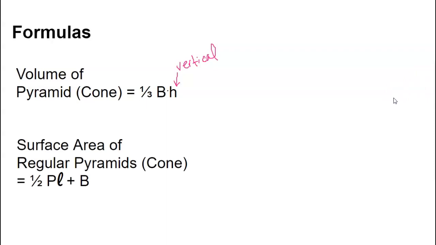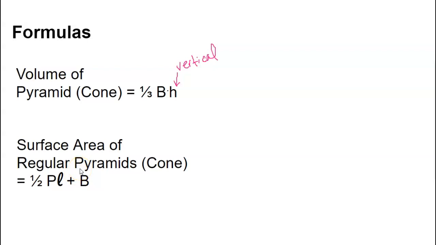Now for surface area, the big rule of surface area is always take the area of all of the faces and add them up to find the surface area of a three-dimensional shape. And for most pyramids, that's what you have to do. If you have a regular pyramid, to be a regular pyramid means that the base shape has to be regular.